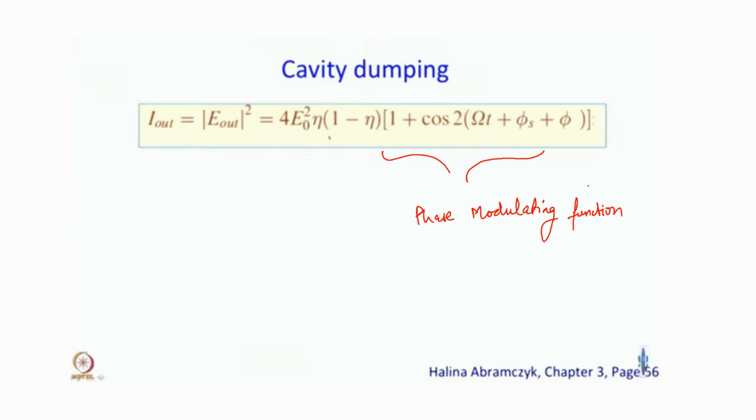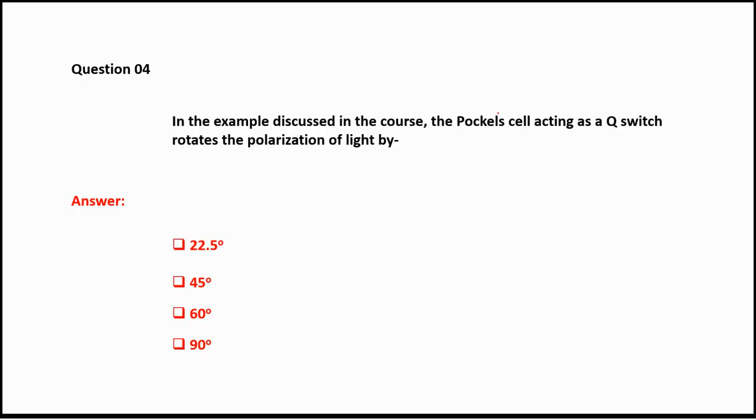Therefore we can also write it as cos 2 omega t, in short ignoring these two terms. Keeping these two terms behind, only this is the total answer.